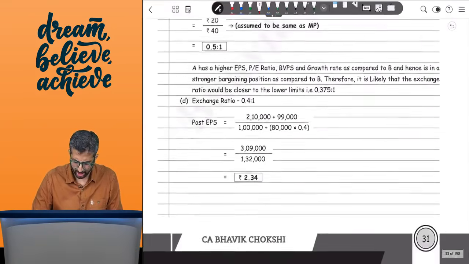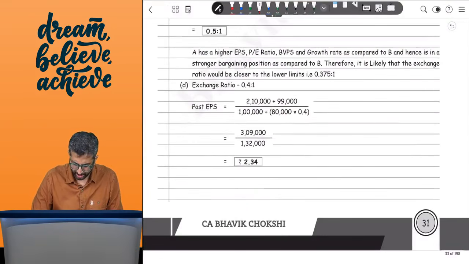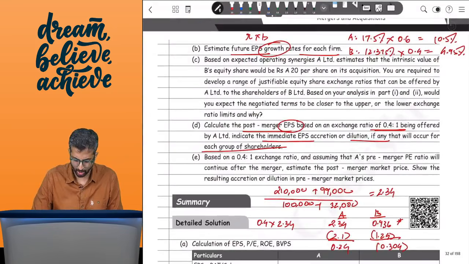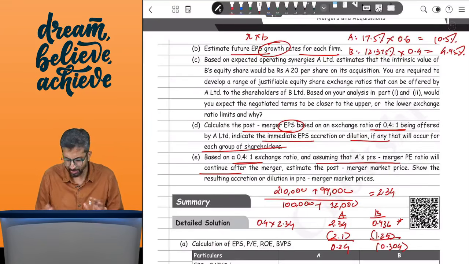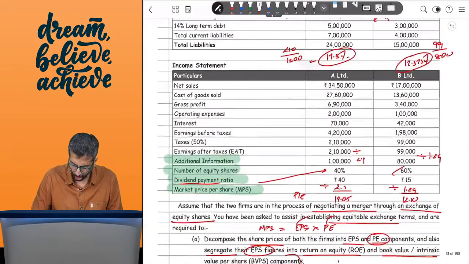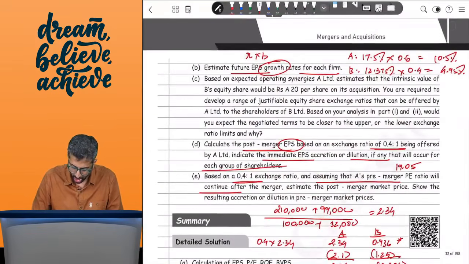So over here, if I look at point D, 2.34 as well as 0.24 as well as negative 0.304, and the last one based on a 0.4:1 exchange ratio and assuming A's pre-merger P ratio will continue after the merger, we have been clearly told. So that is 19.05 if I am not wrong, that was the P ratio, will continue post the merger.